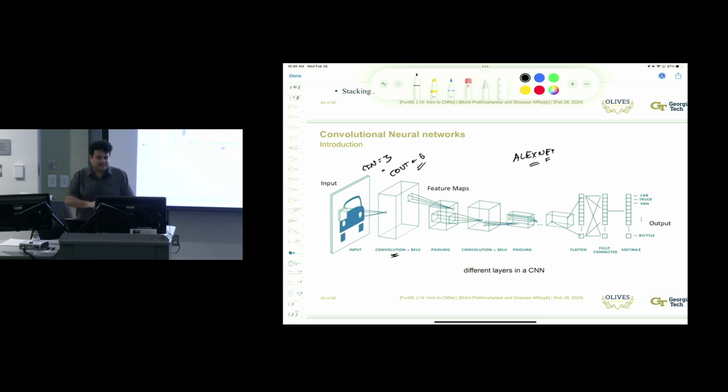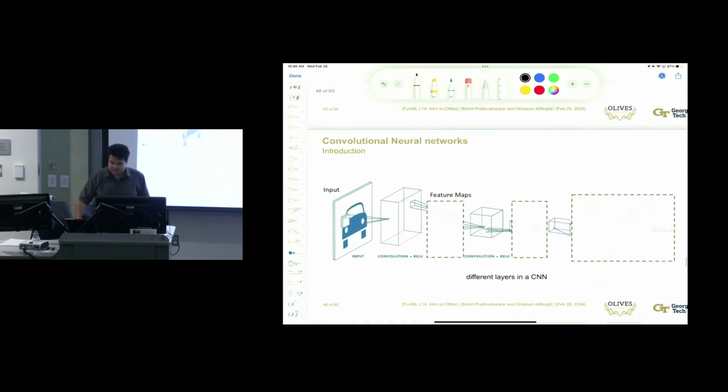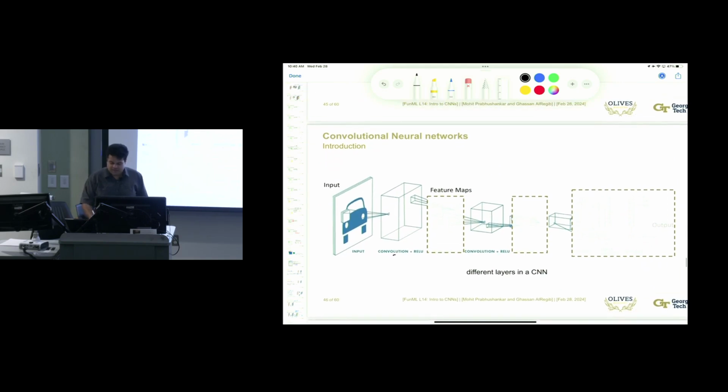The idea in that case was that we had a bunch of these convolution layers stacked one on top of the other. And there were two other things that we haven't talked about, which are the idea of pooling and then this kind of output. I don't know how much we'll be able to complete today, but maybe we can complete the pooling part today. So you have your feature maps, which are the outputs from your convolution and ReLU.